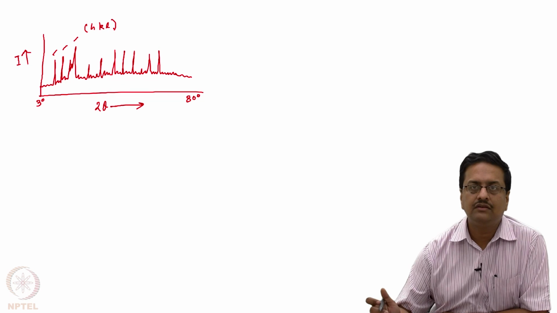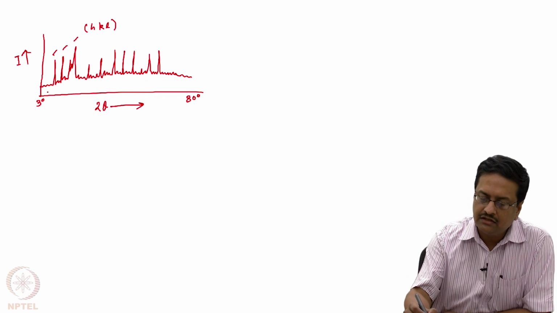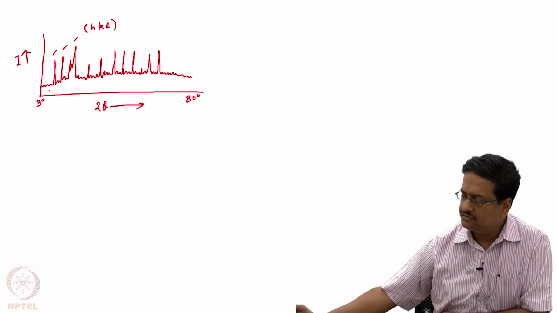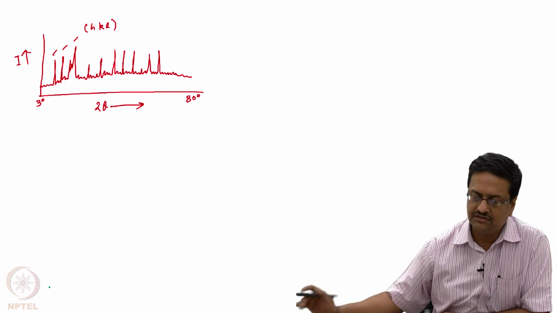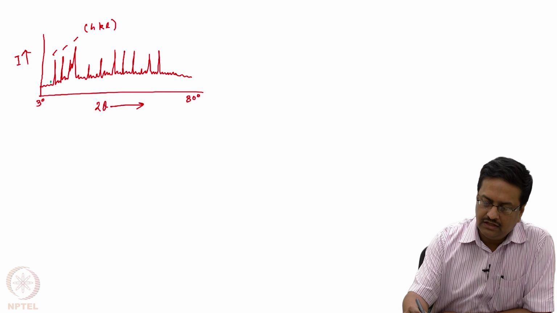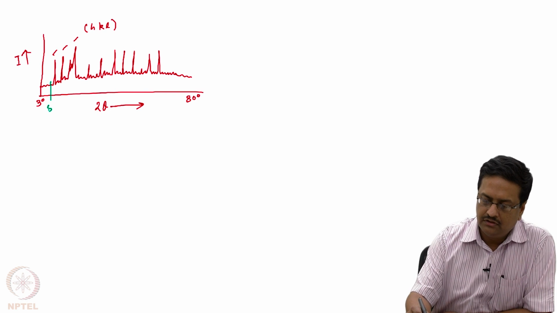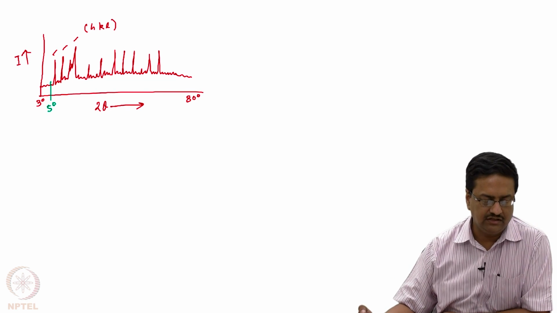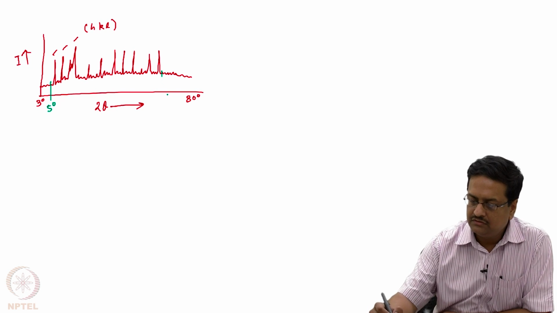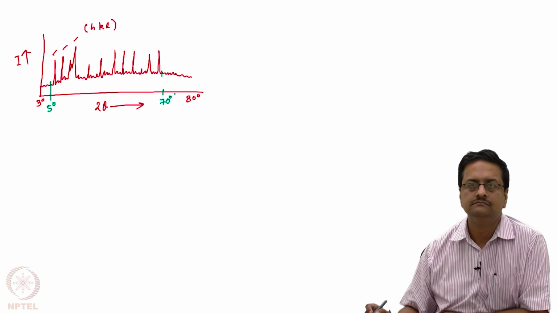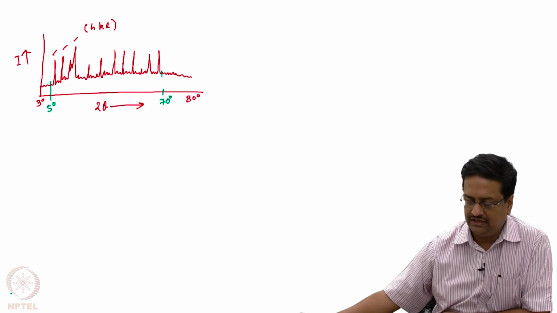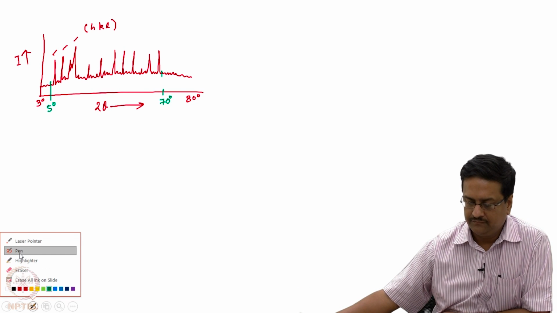Suppose in this particular case which I have drawn here, the peaks in this diffraction pattern range from about 5 degrees in 2 theta to about 70 degrees in 2 theta, and suppose I have recorded this using copper K alpha radiation.